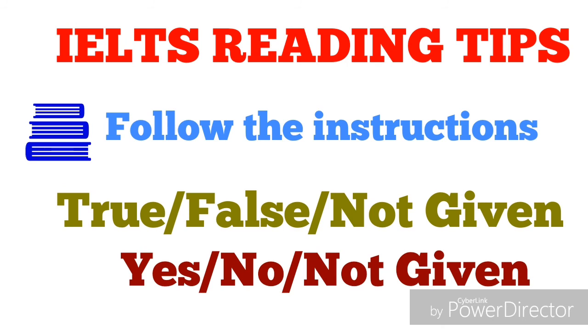In some questions, they ask the candidate to mention TFNG or YNNG. In that case, you can write TFNG, YNNG in the given space, but do not take a risk and put the abbreviations in your answer sheet.